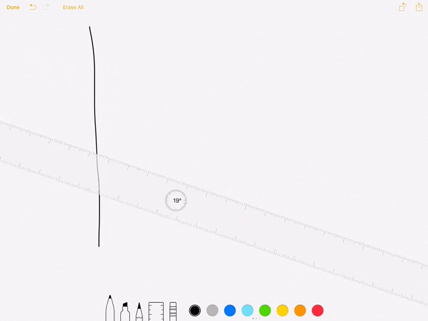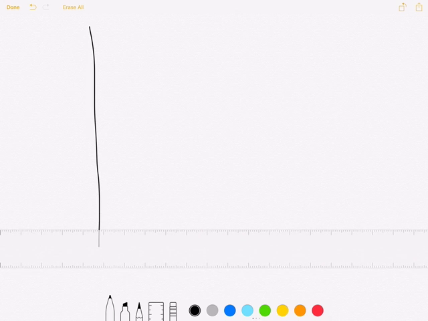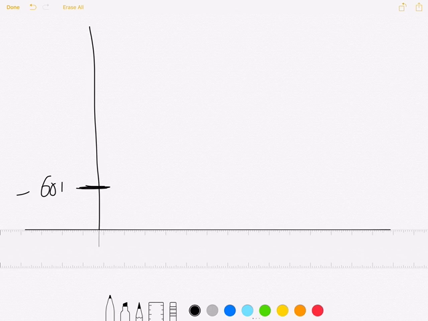Oh, I have this. Let me use this. Okay, so this is a two-dimensional graph, and what I'm going to draw here is a nerve action potential so that you understand this better. Okay, so as we said, the resting membrane potential of a nerve is about minus 60 millivolts.